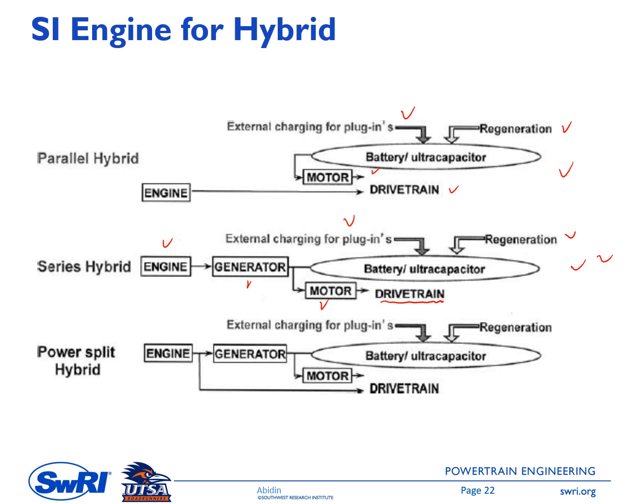The next one here is a power split hybrid. You can see in here the engine can have a direct connection to the drivetrain, and it can also have a direct connection to the generator that can propel the motor, and the battery can be charged from the regeneration process or through the plug-in.